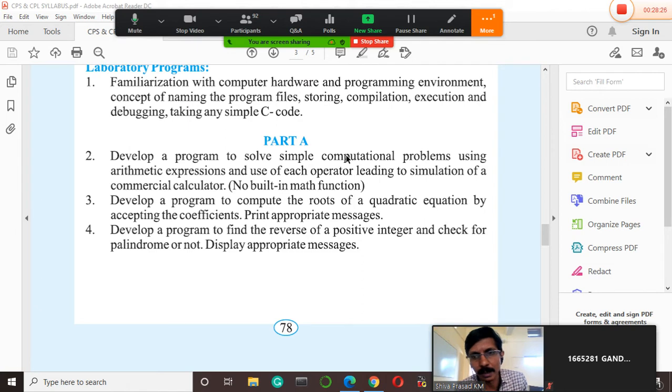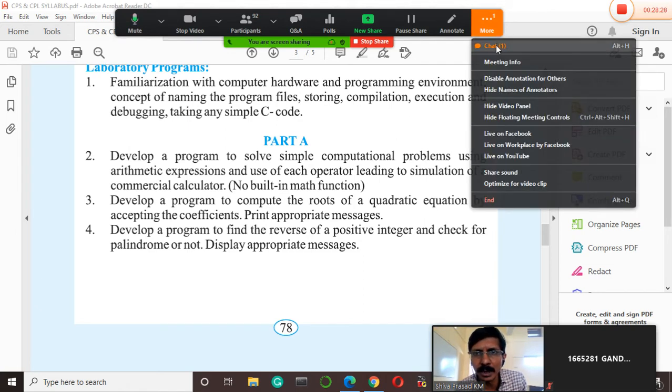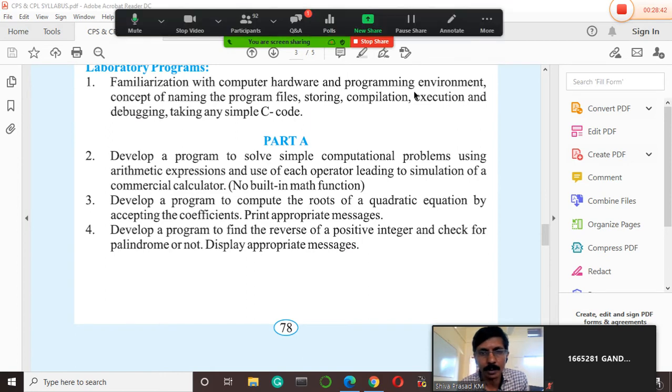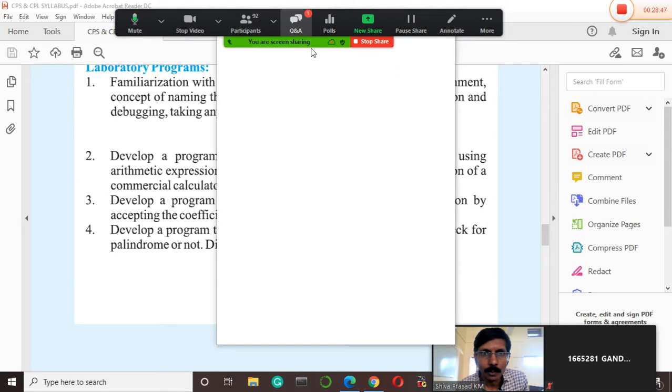I will give you complete instructions and details, and show you a specific demo of how to start the program, how to write it and how to execute it in software called Turbo C. It will be helpful for you to know how to execute and what we can do.